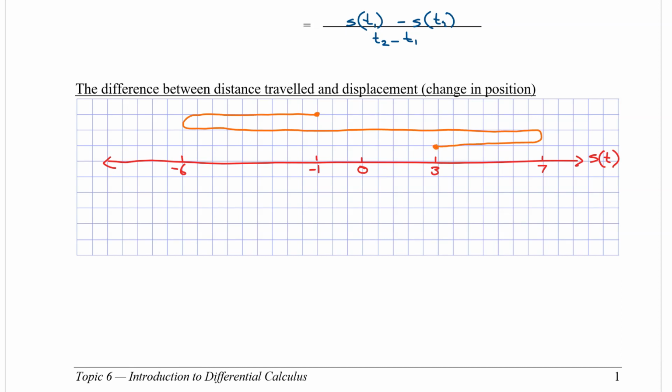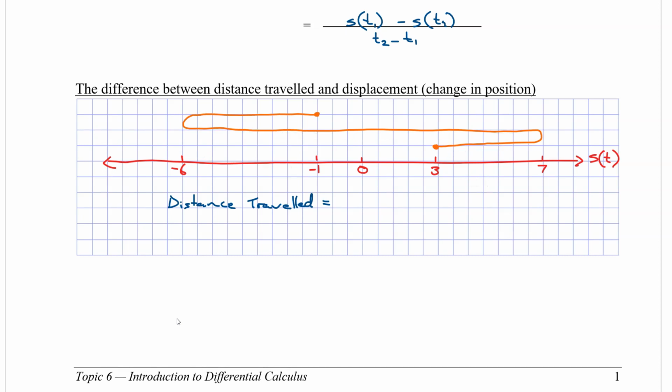If we were calculating the distance traveled of this ball, we'd have to trace all the way along like so. To calculate the distance traveled, all we need to do is sum up the length of these straight lines, like here, here, and here.